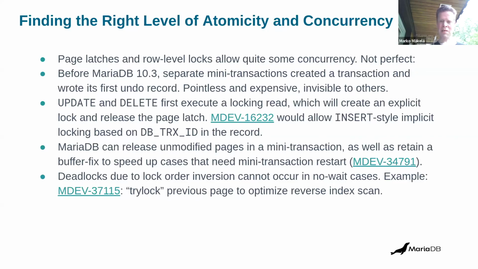In the optimistic case, we can just move to the previous page because the page is not occupied. We can just try to acquire it, and if the lock is available, fine, we can just move to that page. There is no deadlock with another thread doing a forward scan. But if you have to wait, then of course we have to release everything and do it the hard way.